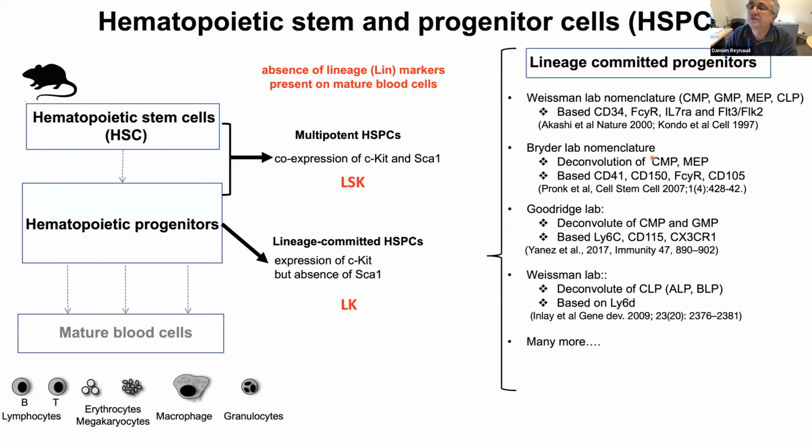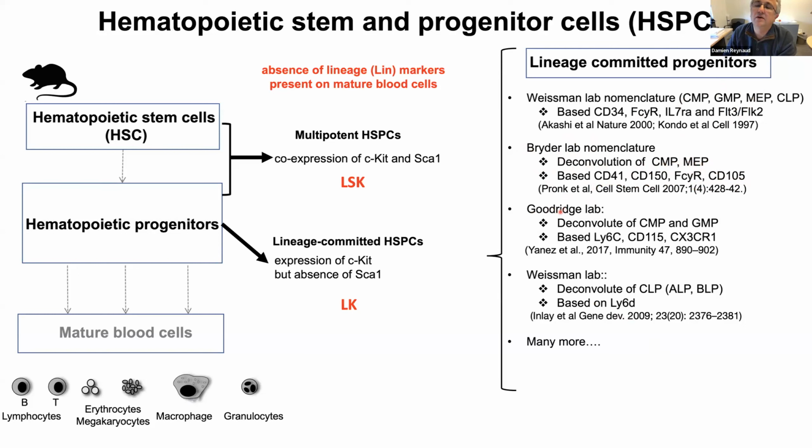And so there have been different new nomenclatures coming to try to deconvolute these different compartments. The most notable is the one developed by the Bryder lab, which deconvolutes the CMP and MEP mainly in the erythroid and megakaryocytic pathway. This is based on the expression of CD41, CD150, Fc gamma receptor, and CD105, which is endoglin.